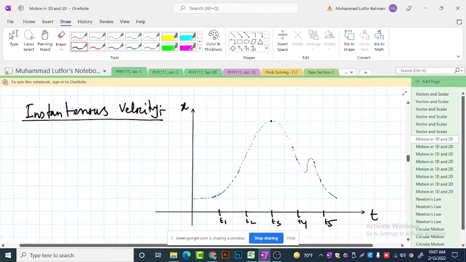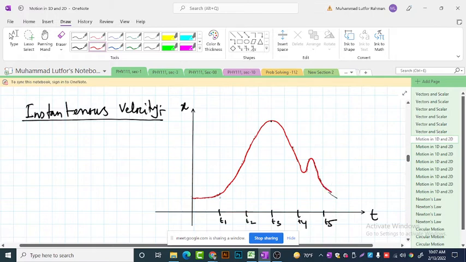So this is actually the position versus time curve of the car. I'm going to draw it, and this is the way it's traveling.